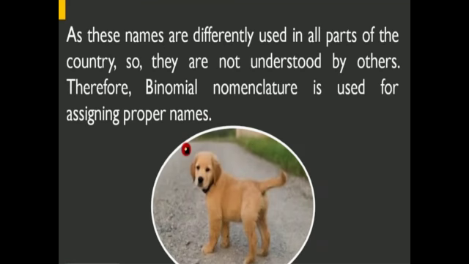But as these names are used differently in all parts of the country, they are not understood by others. If we go to Bengal and they say cooker, we will not understand that they are talking about the dog. Therefore binomial nomenclature is used for assigning proper names to the organisms.